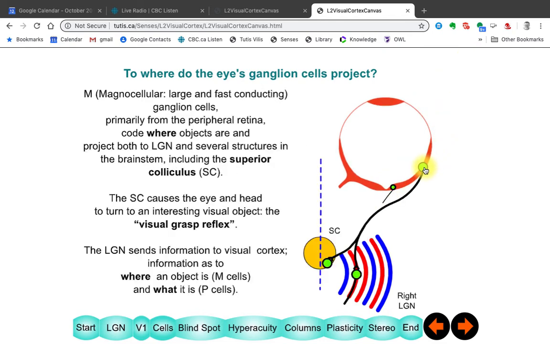The stuff from your periphery goes to the LGN, but it also goes to the superior colliculus. Now, the superior colliculus is useful in the visual grasp reflex.